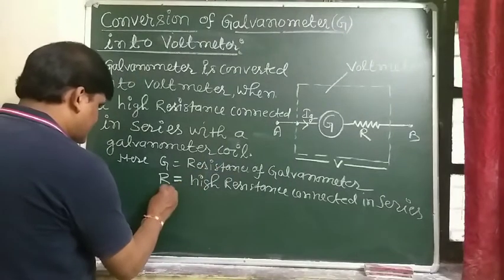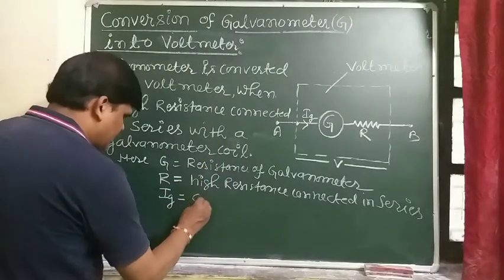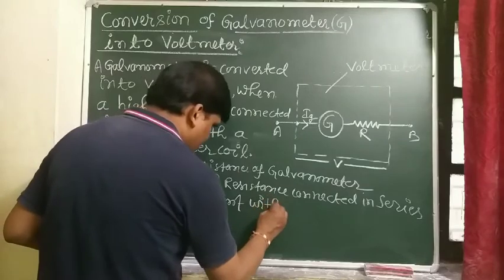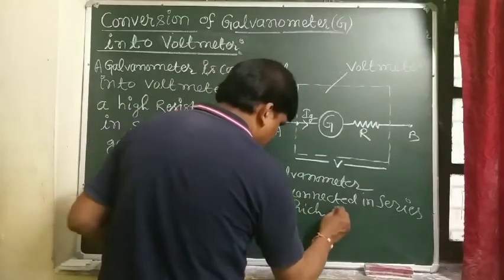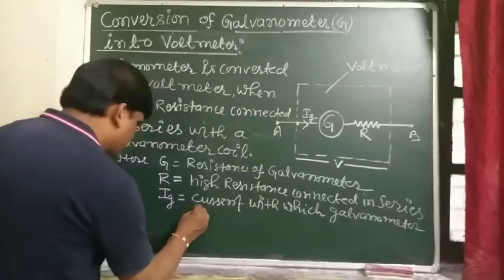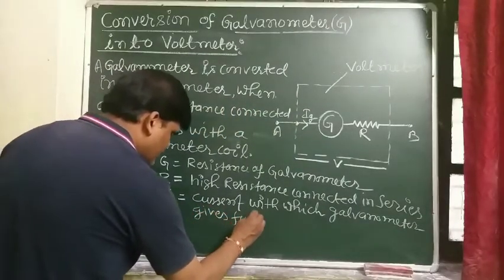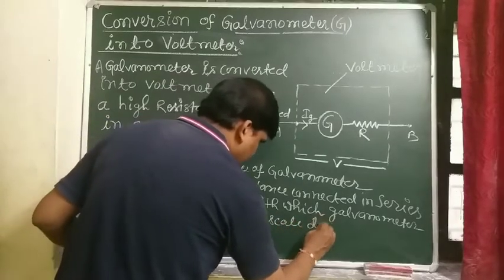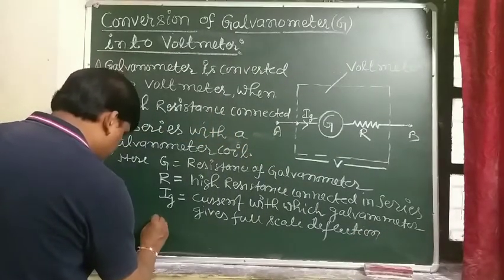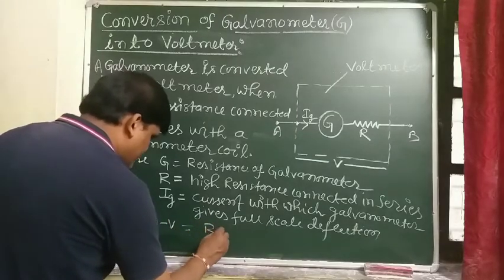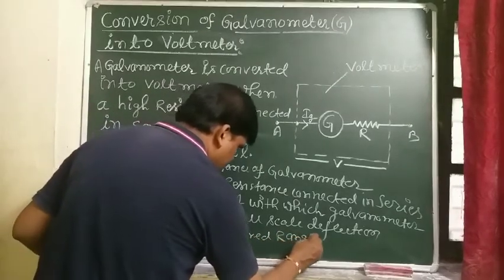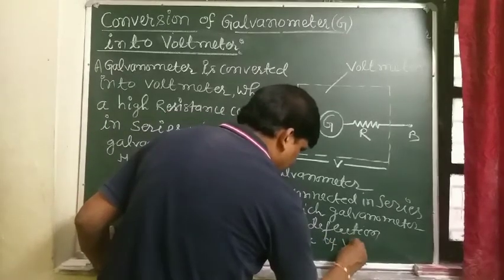Ig is the current with which the galvanometer gives full scale deflection, and 0 to V is the required range of the voltmeter.